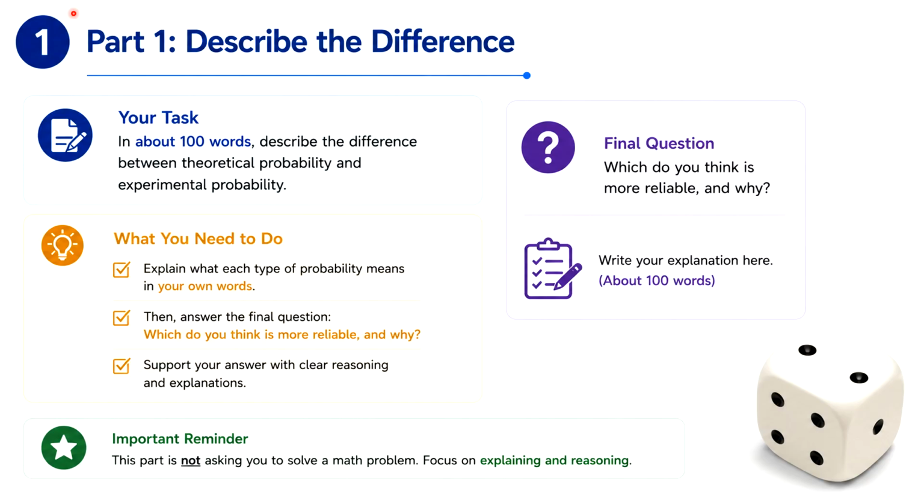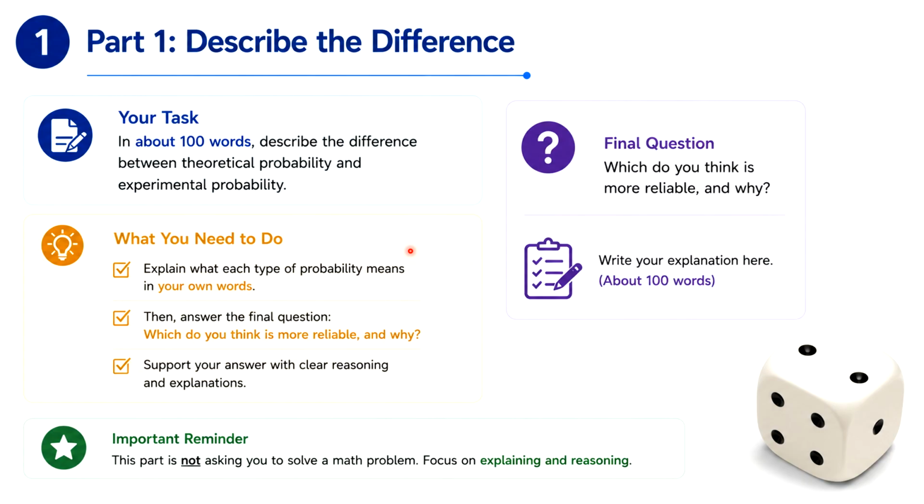The first part of the assignment asks you to describe the difference between a theoretical probability and experimental probability in about 100 words. Notice that the assignment is asking you to describe the difference.